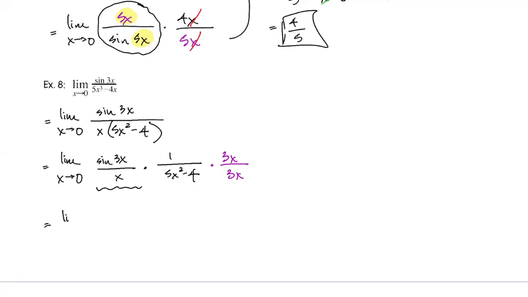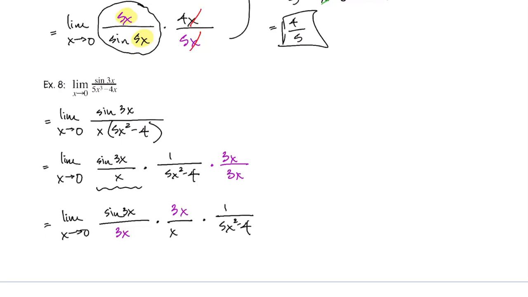And if we reorganize what we've written, we have sine 3x over 3x. That's good. We know how to handle that one. Times, we have a 3x in the numerator over x. And we could combine these two if we wanted, or we could leave them as 3 separate expressions for right now, okay?